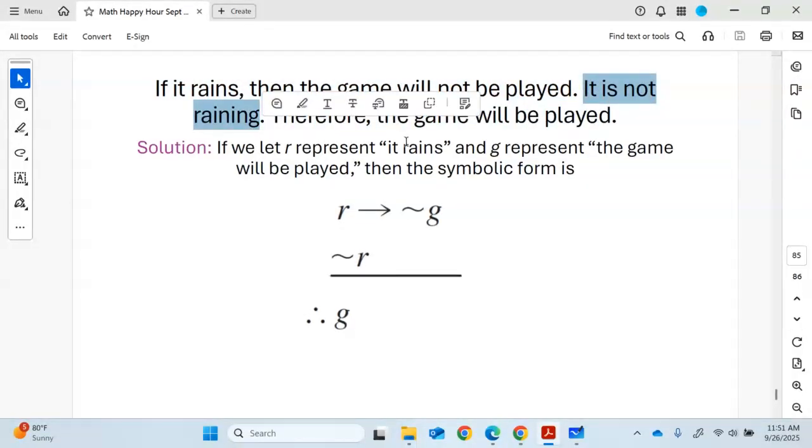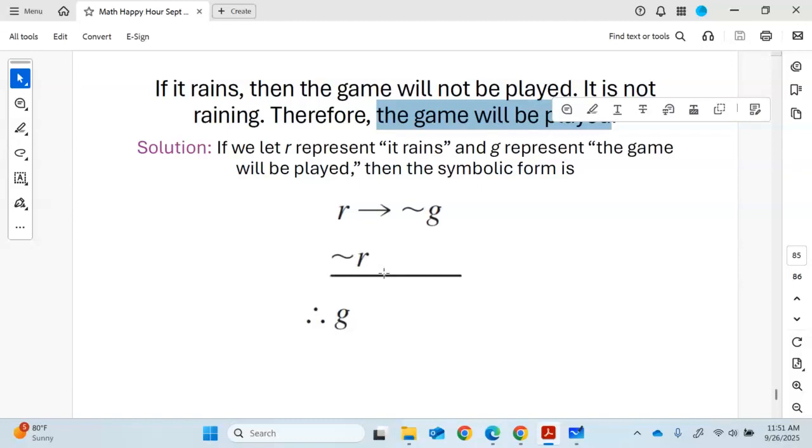If R represents rain, that's the negation of R. And my conclusion is the game will be played. So then I draw my line to indicate that the next statement is the conclusion. Therefore, G. So this is how it looks in symbolic form.